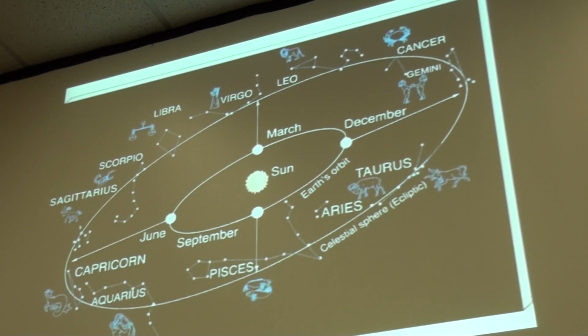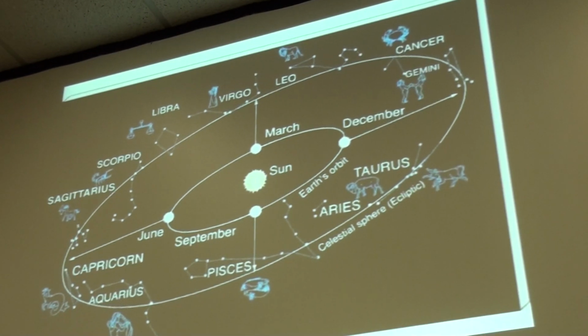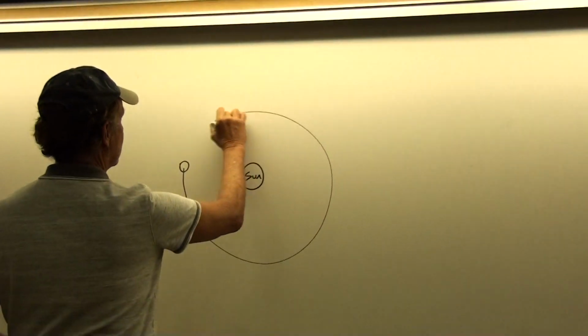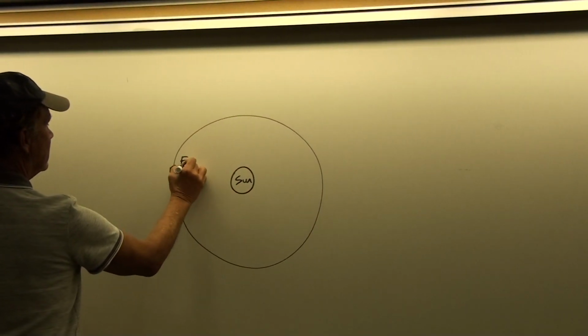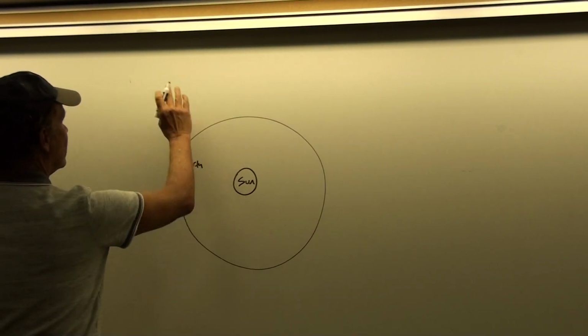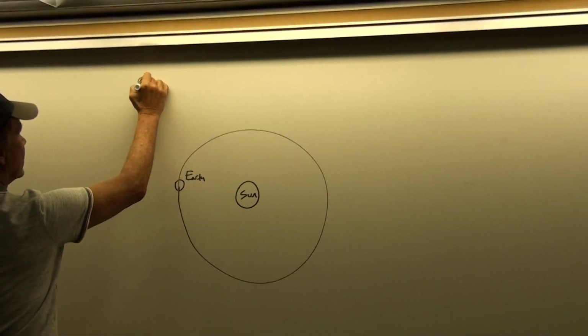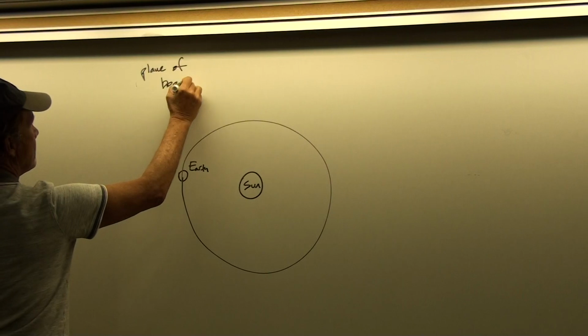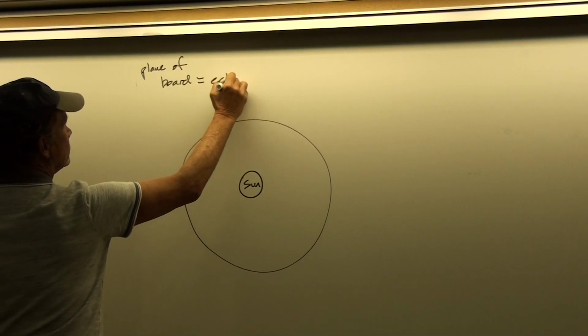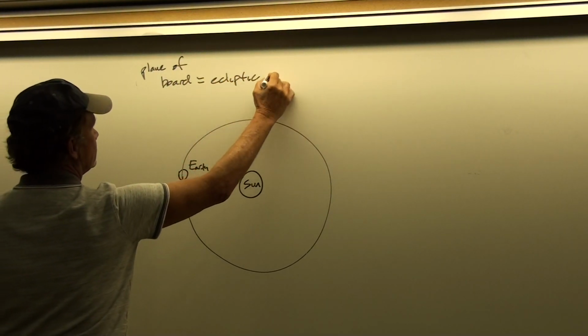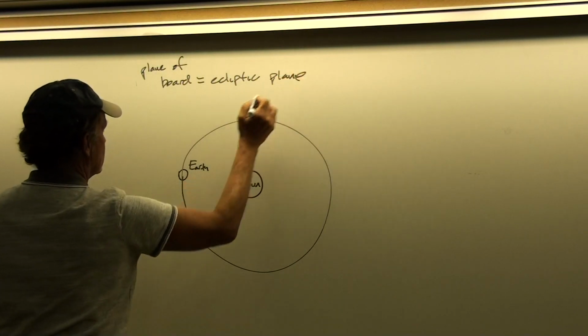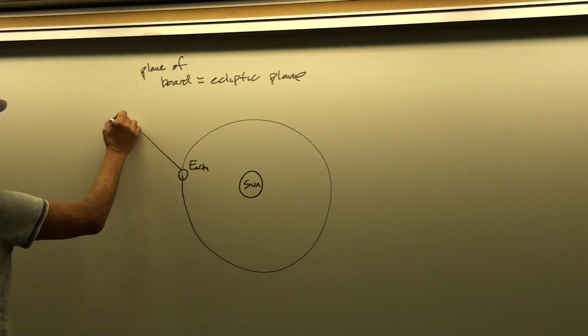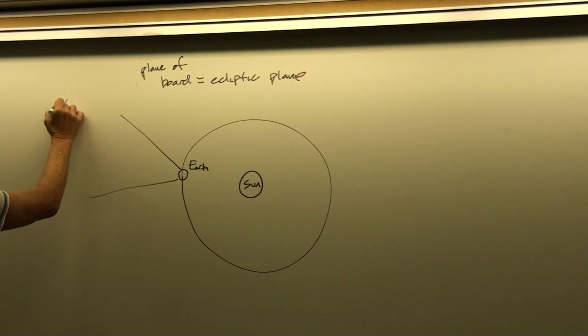So if we were to look at the same picture from a top view, this would be the sun. This would be the Earth going around the sun like this. The plane of the board would be the ecliptic plane. So if we look out in this direction, we'd see some zodiac constellations.